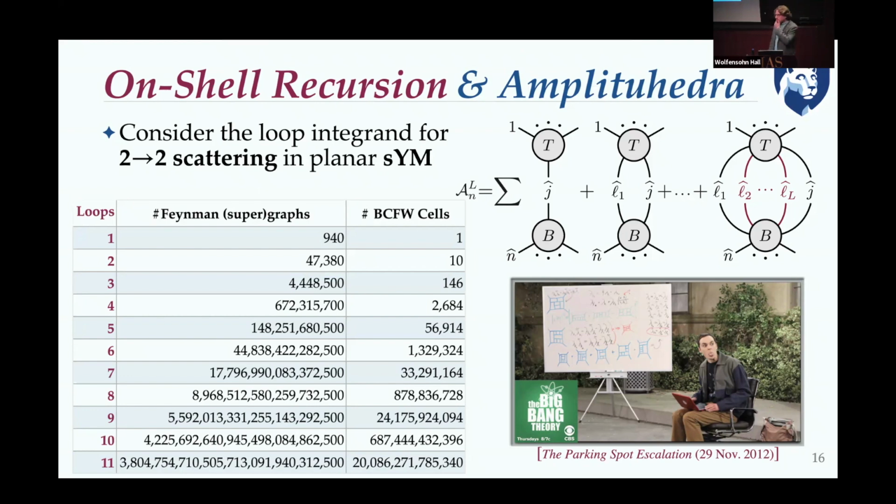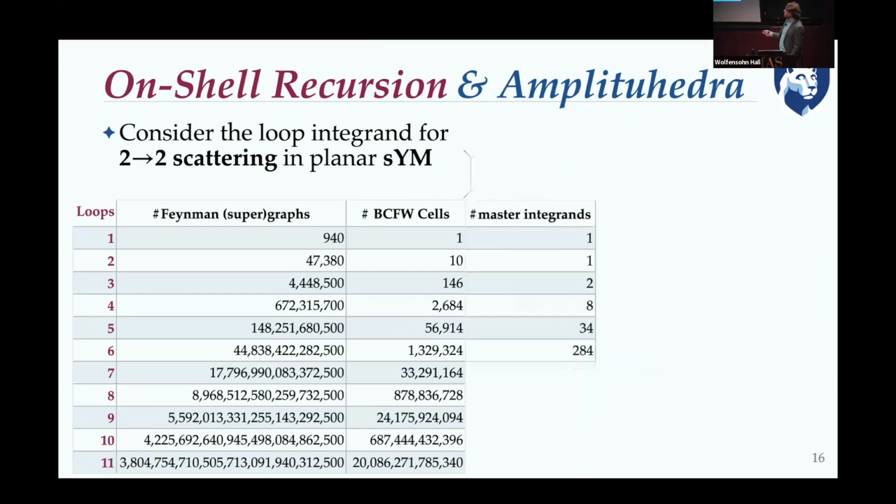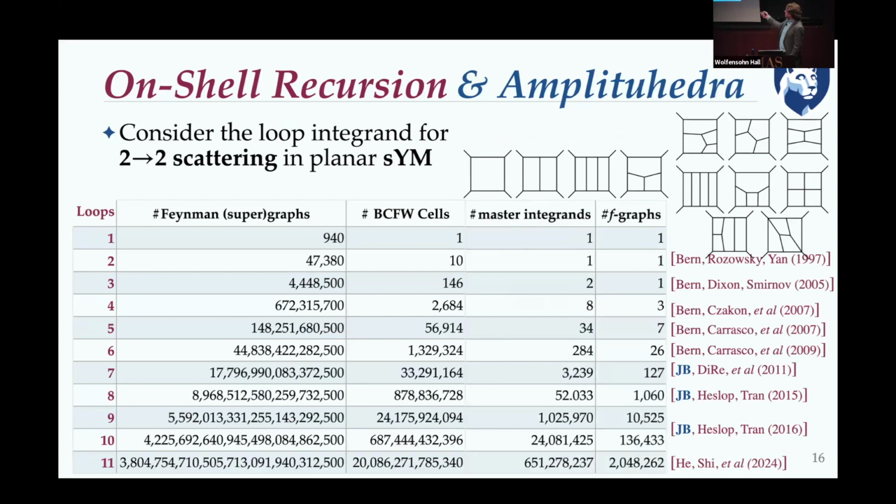Okay, but some of you know that this has also been calculated in other ways, and in particular, these numbers are not that competitive, maybe compared to what people did in the earlier days. Like at 2 loops, it's a single integral plus its images, and so the number of master local integrals you would write down at 11 loops would be 651 million, which is a factor of 10 to the 6, a million times better than what you have for the BCFW cells.